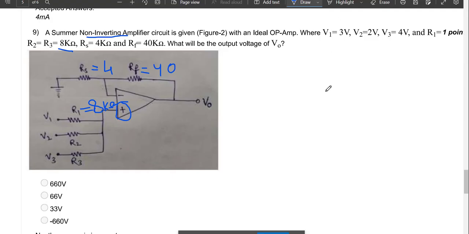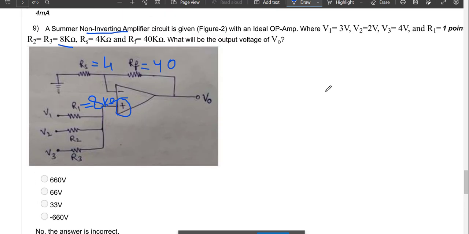Okay, I will give you 30 more seconds. Solve it if you haven't still.